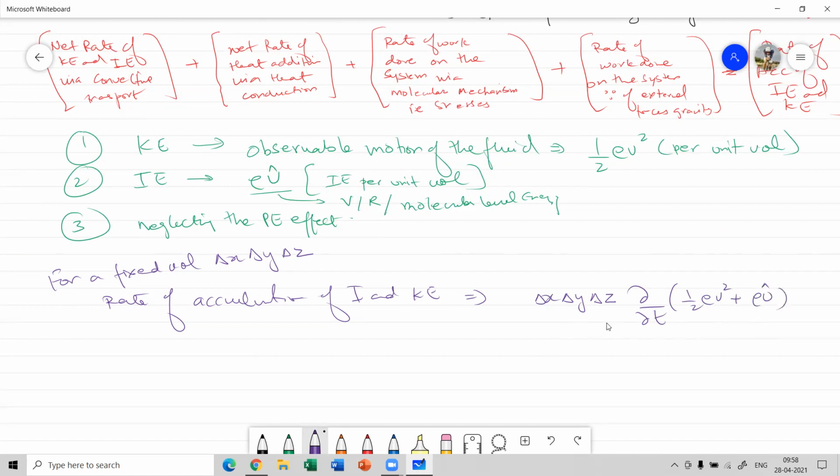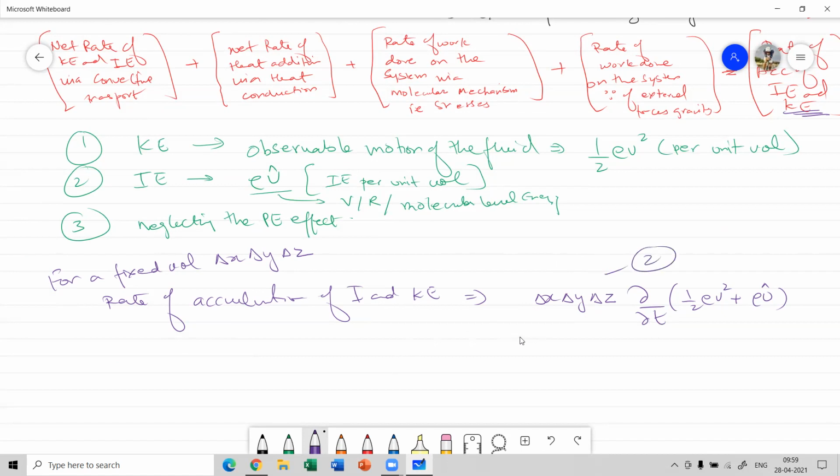Because basically it's the sum of all the energies, that is internal energy and kinetic energy, which is being accumulated within this particular term. So it will be half rho V square, that is kinetic energy per unit volume, plus rho U cap, which is internal energy per unit volume. And d by dt is the rate of change of the sum of these energies, into the volume factor. So this represents the rate of accumulation of internal energy and kinetic energy. So let's name it as equation number 2.